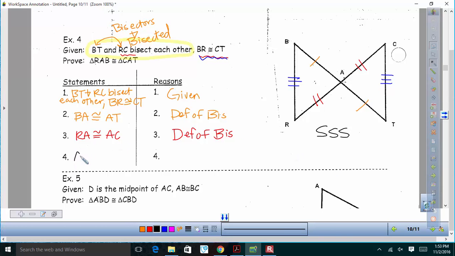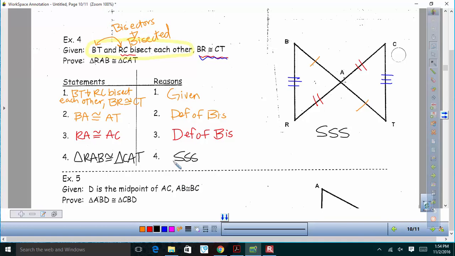So we can go ahead and say that RAB is congruent to triangle CAT by side, side, side. Had we found that these angles were vertical, what's another way we could have proved they were congruent? Side angle side. Very good.